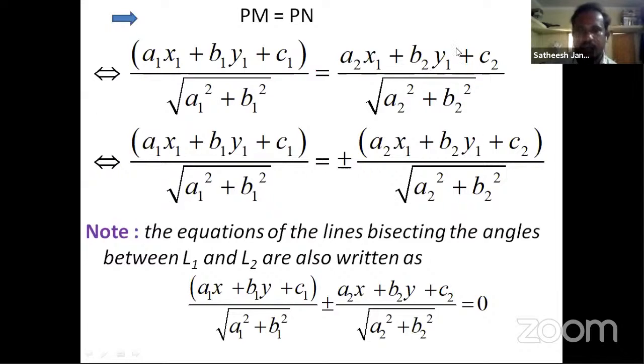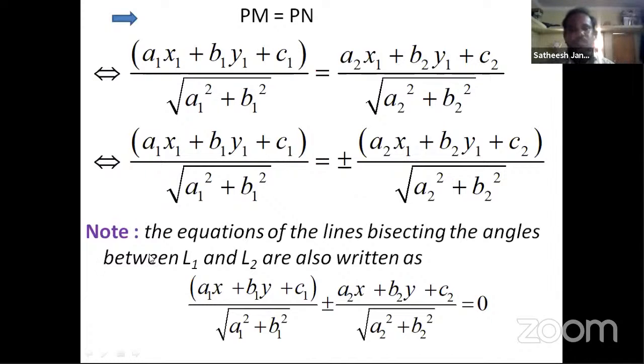Both sides having modulus, so (a1 x1 plus b1 y1 plus c1) by under root of a1 square plus b1 square is equal to plus or minus (a2 x1 plus b2 y1 plus c2) by under root of a2 square plus b2 square. That is a simple problem, most important in the intermediate examination.